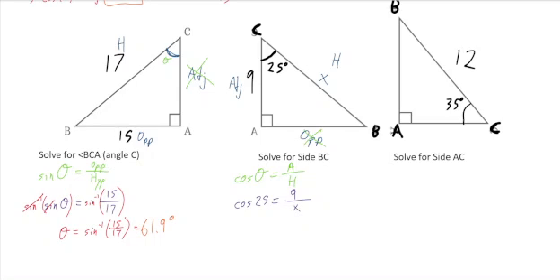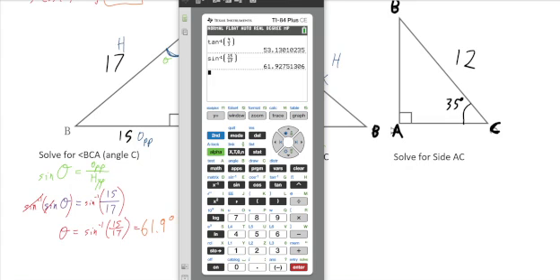So I'm going to just put x, or you can put h, doesn't matter. Now we're going to get our unknown on top by multiplying by it on both sides. Those cancel there. We're left with x times cos 25 equals 9. Now we're going to divide by cos 25 on both sides. So now we're left with x equals 9 over cos 25, and we get some sort of value.